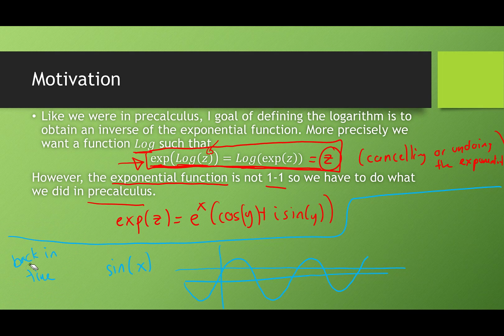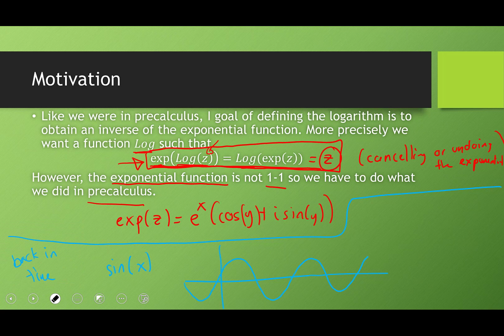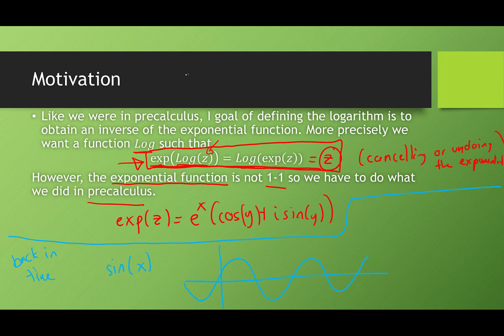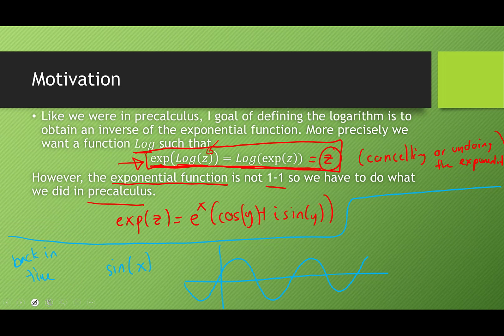So what did we have to do back in pre-calculus? Well, we had to be a little bit more creative. We had to chop up sine. We had to say, well, I'm only going to look at a certain portion of sine.